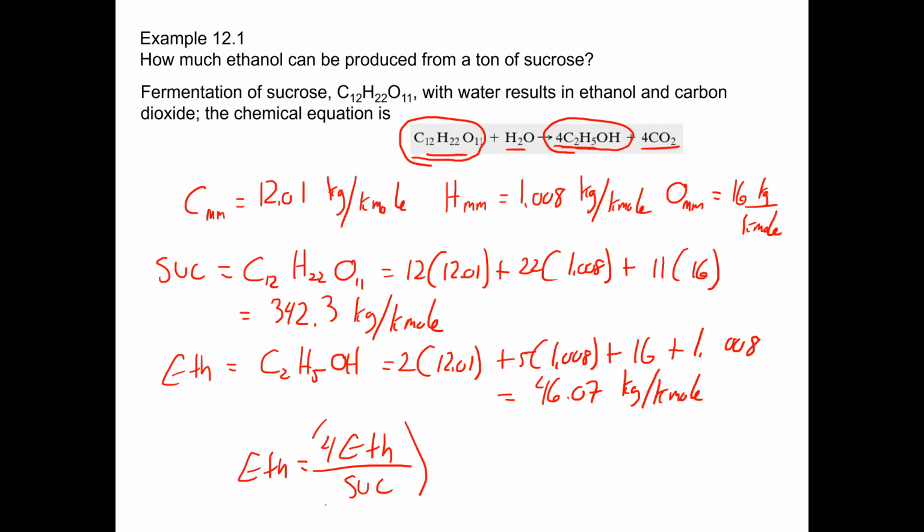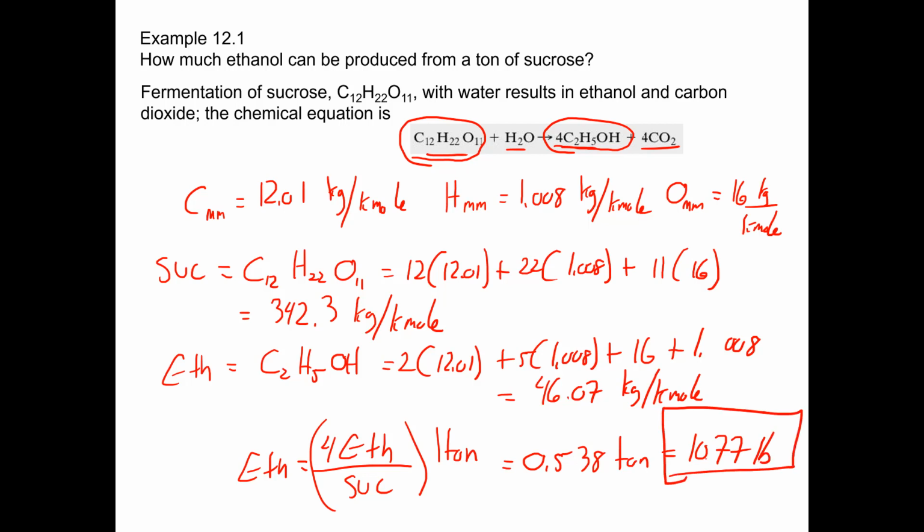The math works out that we would get basically 0.538 tons, or 1,077 pounds, of ethanol produced by the 1 ton of sucrose. And obviously the main reason is that sucrose has a huge molecular weight as compared to ethanol.